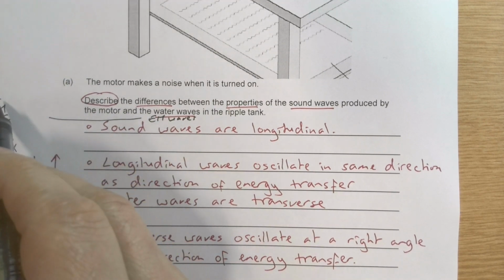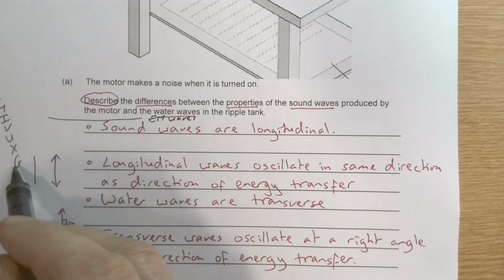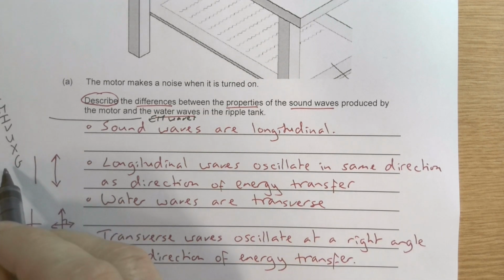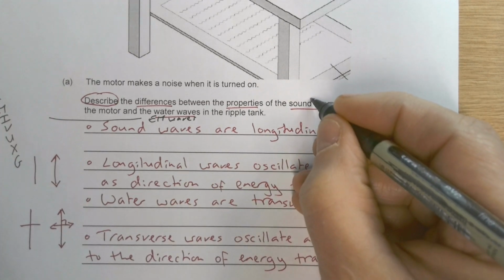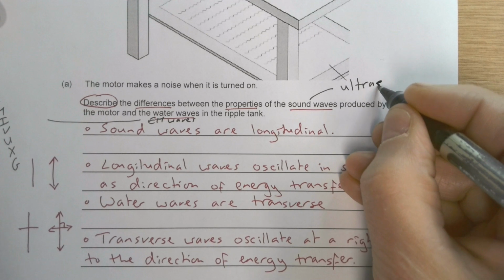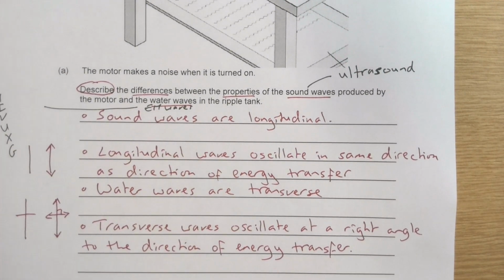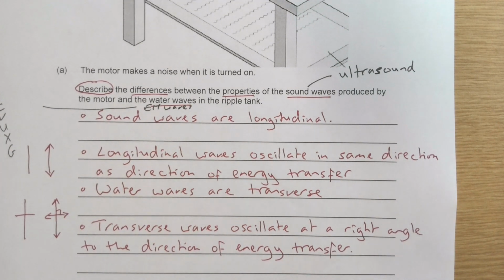So I mean radio, microwave, infrared, visible, ultraviolet, X-ray or gamma. They are all transverse waves. Sometimes you might also be given ultrasound. So they like to compare ultrasound and X-rays. As soon as they're doing that, what they're really saying is compare a longitudinal and a transverse wave.